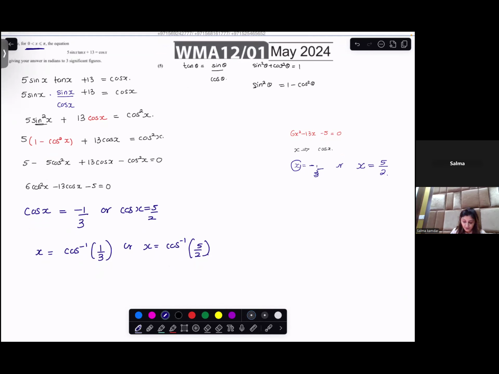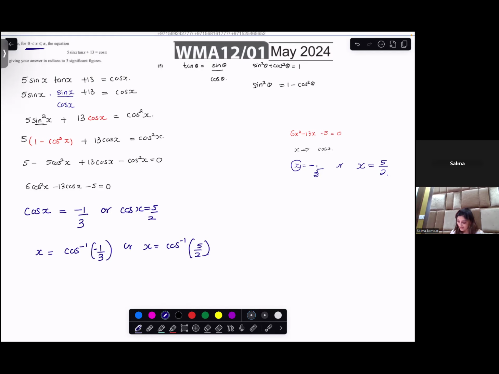So now I will go back to my normal calculator. My x is cos inverse, so I press shift cos inverse. This is minus 1 by 3. I'll put on my calculator minus 1 by 3.